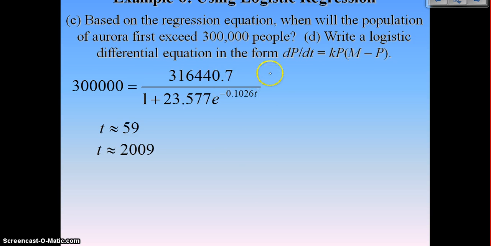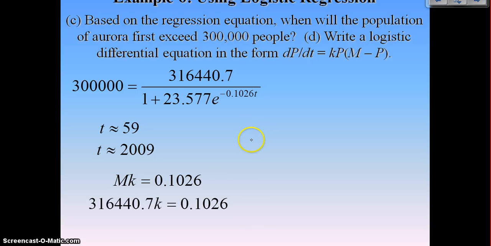Then the last thing we want to do is, now that I've got this equation, I want to go backwards to this equation right here, this form with the differential. Now, I could try and take the derivative of this, or I could just get the M and K values and plug them in. Well, first of all, I know that MK is this number right here, negative 0.1026.